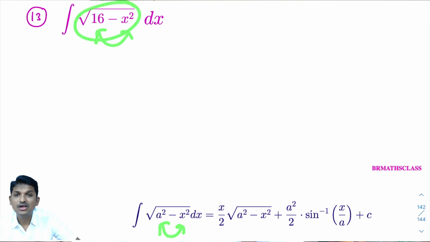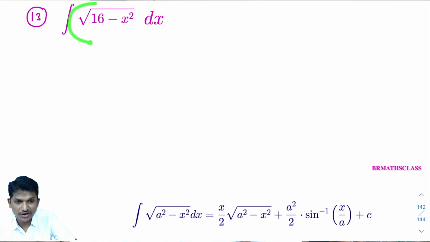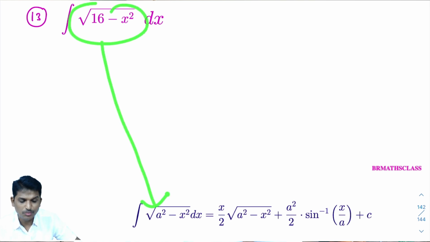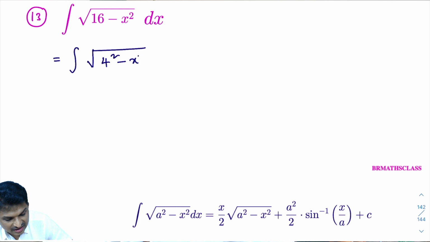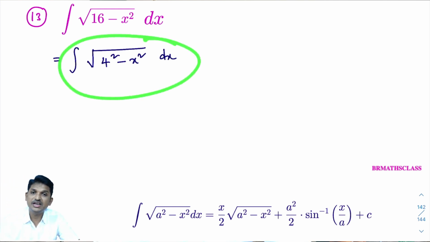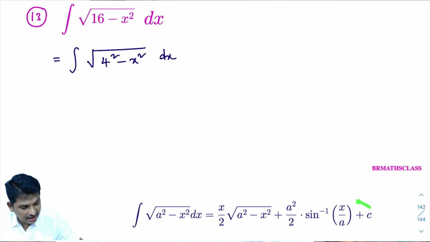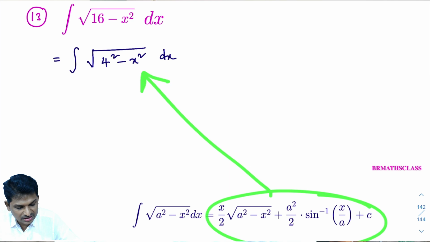Here root is there, so I can easily understand that for this problem I can apply this formula. That equals integral of root over 4 square minus x square dx. Now look here, this is of the form integral of root over a square minus x square dx, so I can apply this formula to this problem.